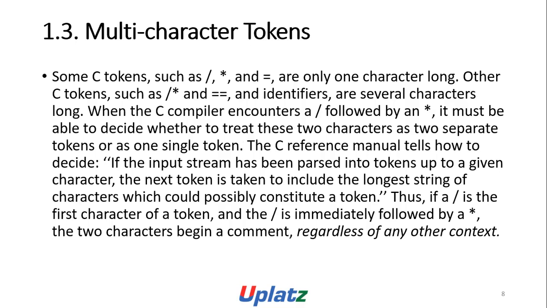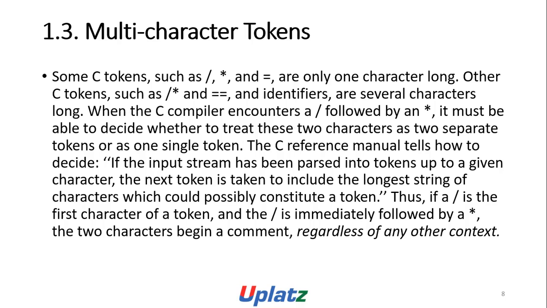Multi-character tokens. Some C tokens such as /, *, and = are only one character long. Other C tokens such as /*, and ==, and identifiers are several characters long. When the C compiler encounters a slash followed by a star, it must be able to decide whether to treat these two characters as two separate tokens or as one single token.